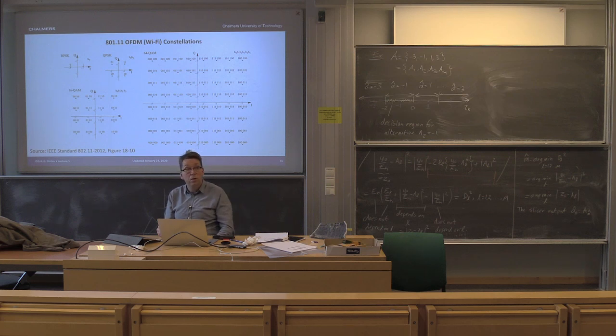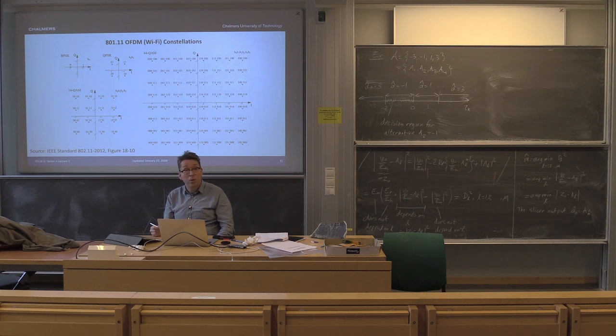where there are 64 signal alternatives. As a matter of fact, I think I bought a new router during Christmas as a present to myself. And if I understand it correctly, it has a non-standardized constellation with 1,024 points, which is quite extreme.